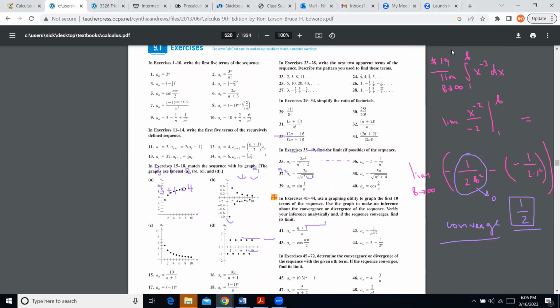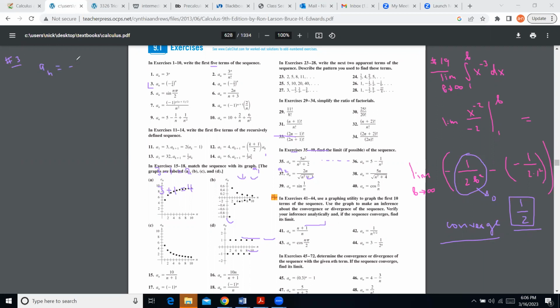So section 9.1, they're talking about producing a few terms of the sequence, first 5. So how about exercise number 3 that says, look at the formula for the nth term, which is -1/4 to the power of n.